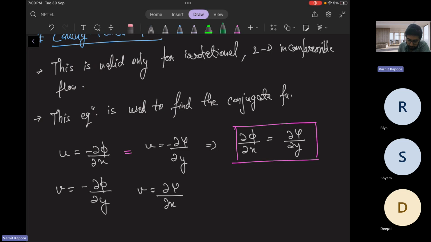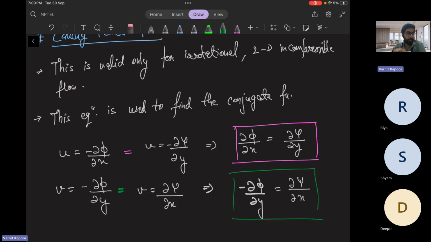Whereas if I equate these two, because both are velocity v, minus dou phi by dou y is nothing but dou psi by dou x. So if you have a potential function, you can directly get the stream function or vice versa, conjugates of each other. This is in Cartesian coordinates.